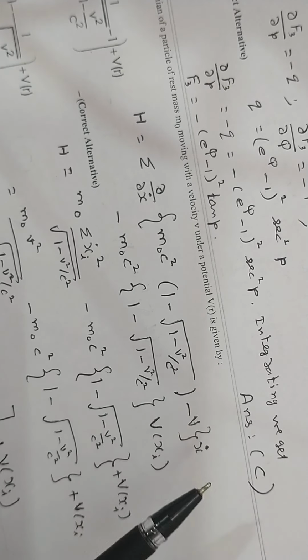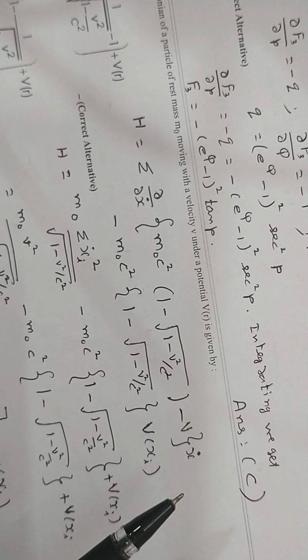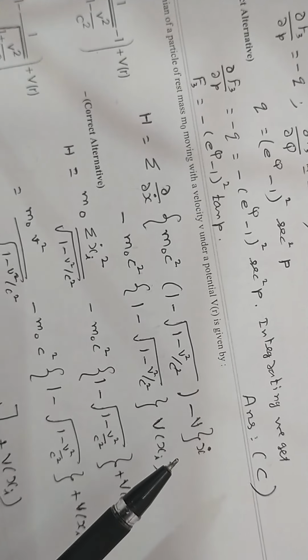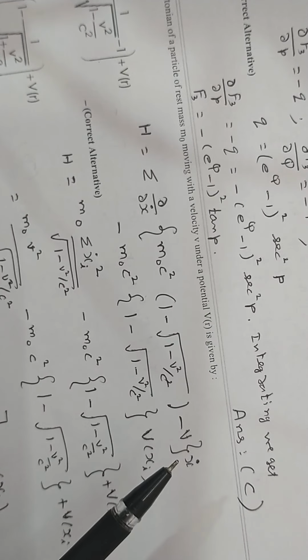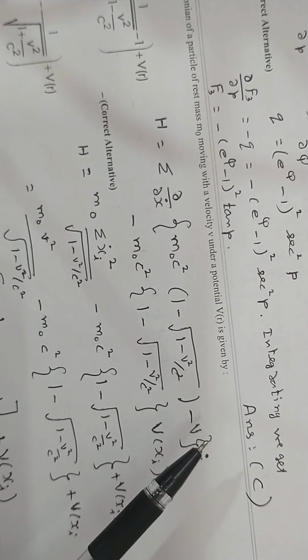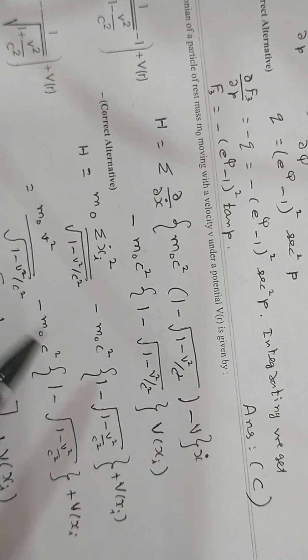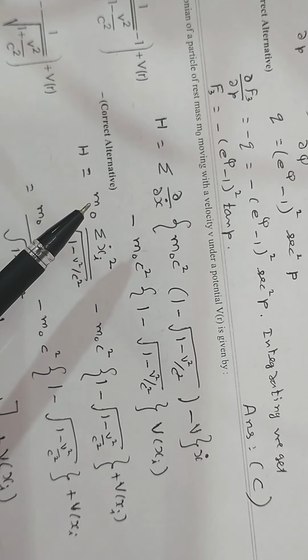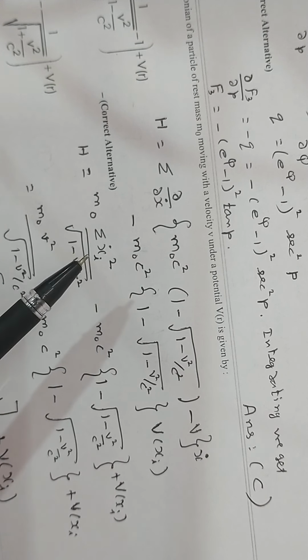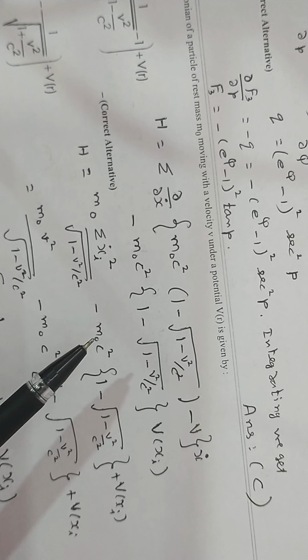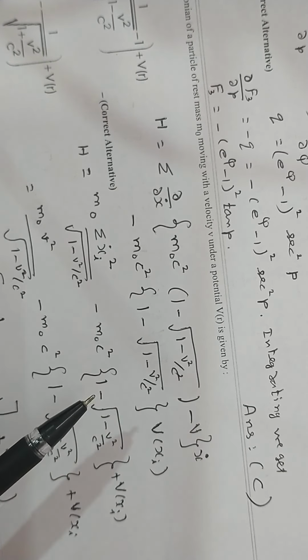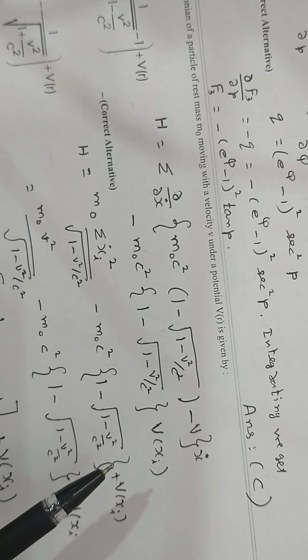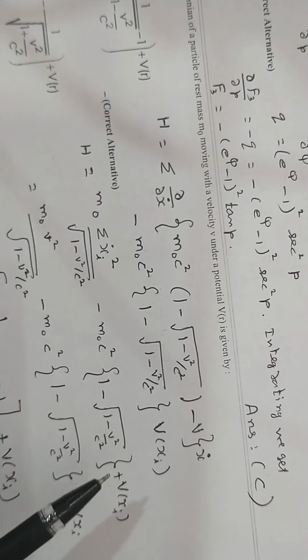So this is available in some standard books, and you have to remember this expression to solve this problem. Now here H is equal to m naught summation of x_i dot square divided by square root of 1 minus v square by c square, minus m naught c square into 1 minus square root of 1 minus v square by c square, plus V of x_i.